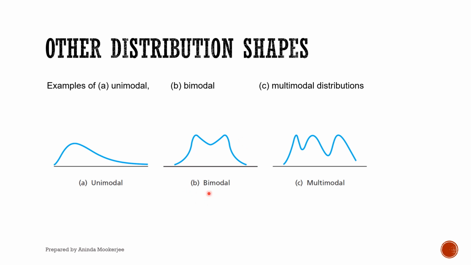In the second picture here, it's called the bimodal, bi meaning two. It has two peaks. To give you an example of this kind of distribution, think about when the enrollment period opens in the middle of the semester for the upcoming semester. As soon as the enrollment period starts, we see a sudden rush of students going into the systems and registering for the different courses, so they get the best timings and the professors they want to take the courses with, and so on.